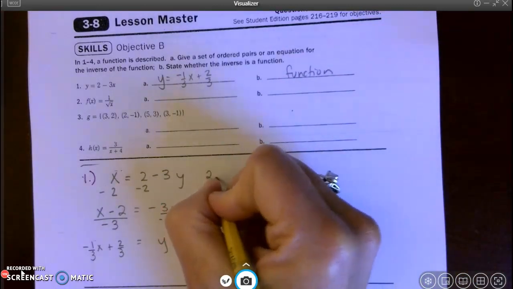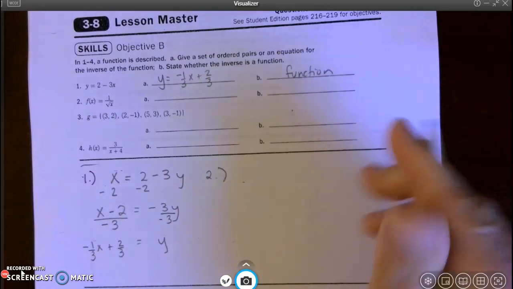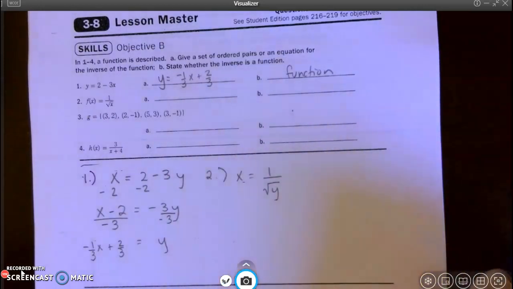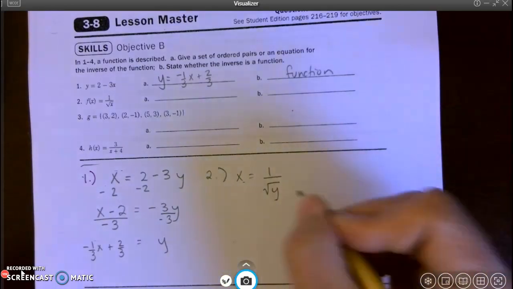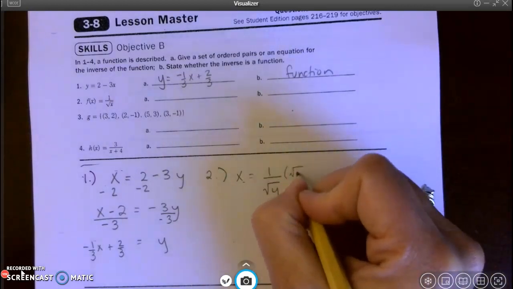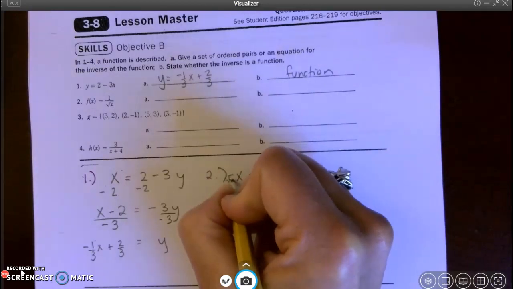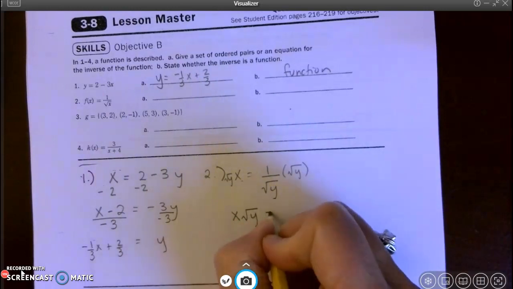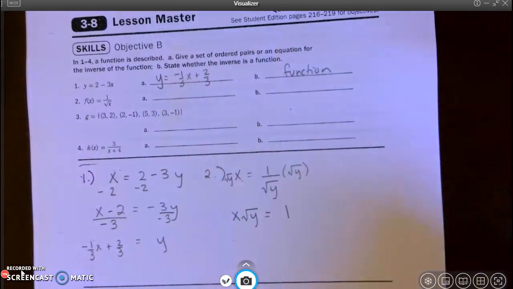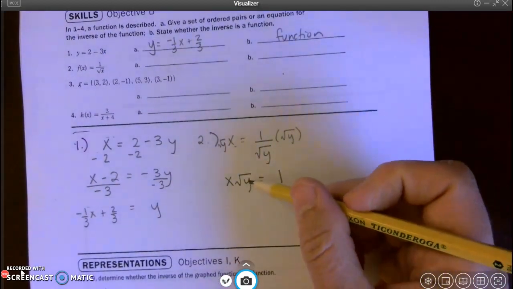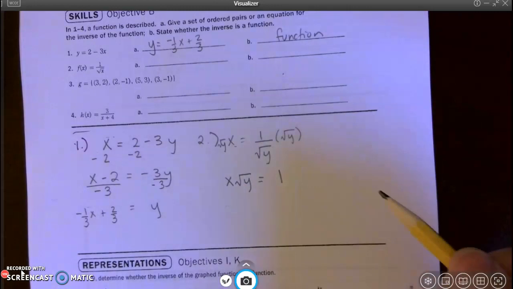Number 2. When I switch x and y, I get x equals 1 over the square root of y. I know that I cannot solve when y is in the denominator. So I'm going to multiply both sides by the square root of y. And I get x times the square root of y equals 1. I'm still trying to get y by itself. Now I can start doing that because y is up top in the numerator.